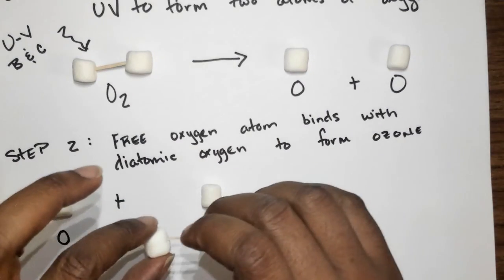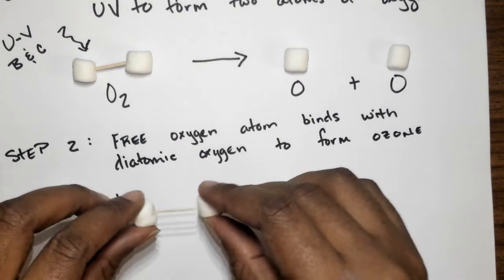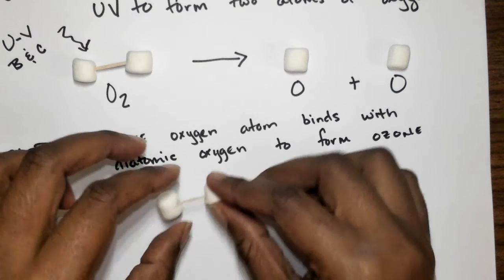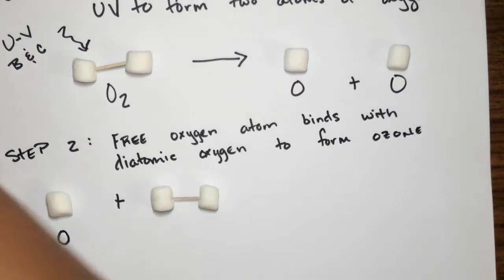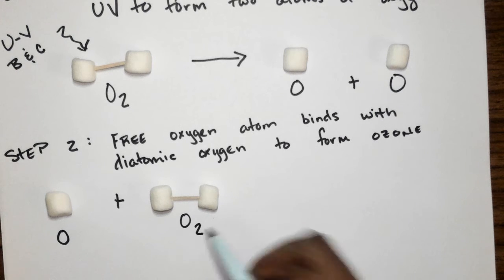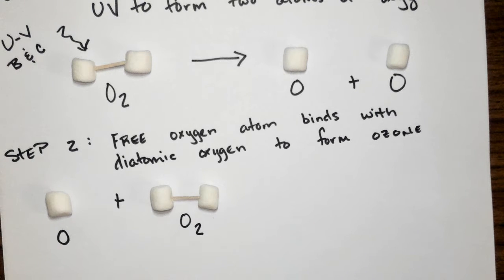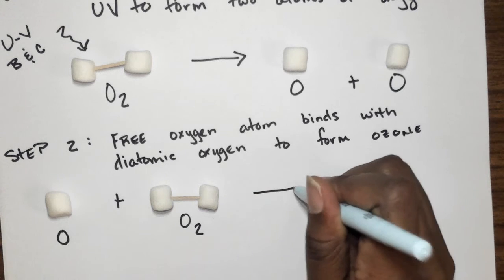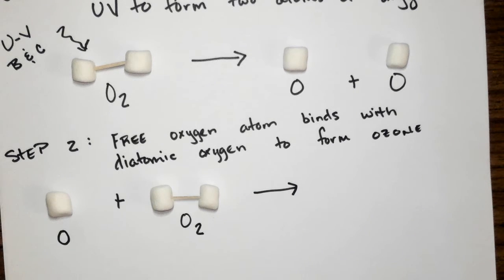So diatomic means that there are two, right? You guys with me, or are you guys talking? I don't want you to be confused later. Alright. And now that those are binding, I'm going to go ahead and make ozone.